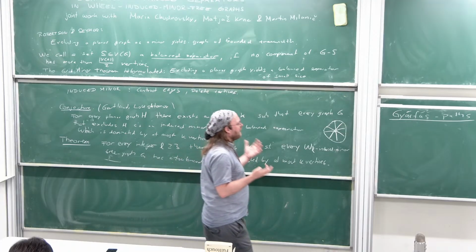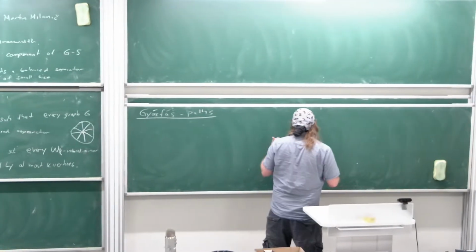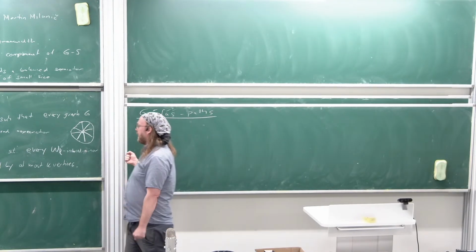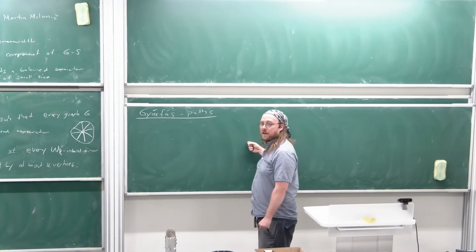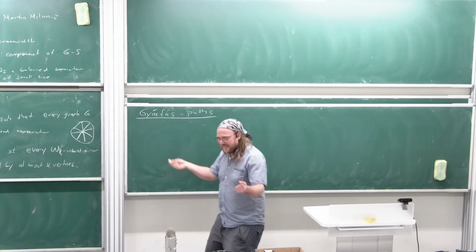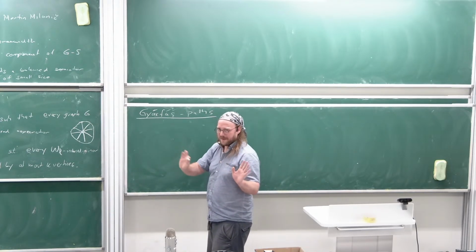The main idea for this is that in any graph we can find a balanced separator which is just the closed neighborhood of a path. And the idea is as follows. I only sketch proofs, I don't make precise proofs.